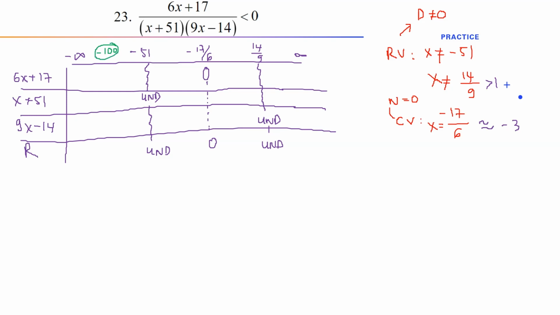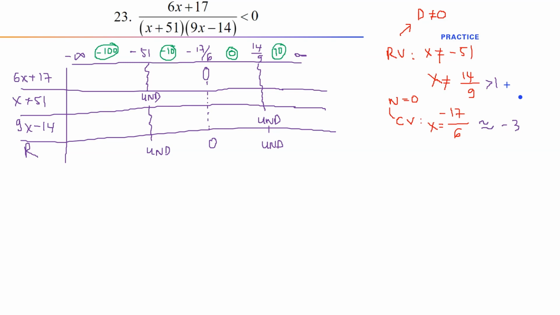In between the -3 and -51, I choose -10. In between the positive number and negative number, I choose 0. And then we know that 14 divided by 9 is greater than 1, but it's less than 10, so you can choose 10 or you can choose 100. I choose 10.